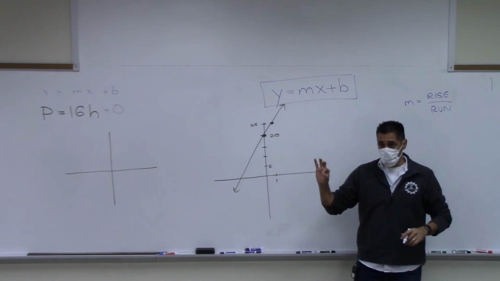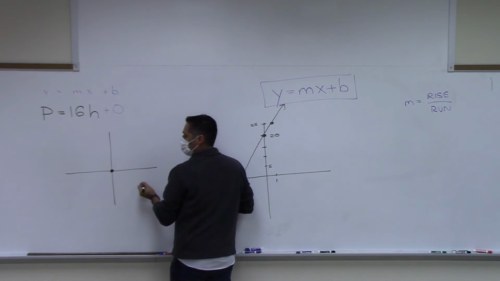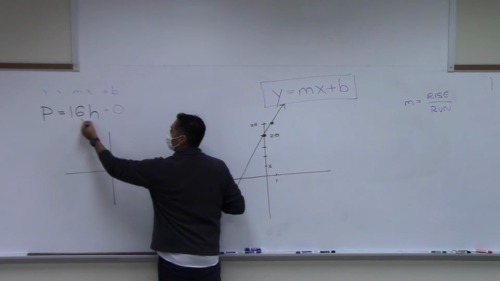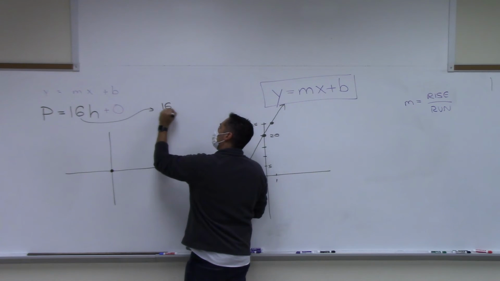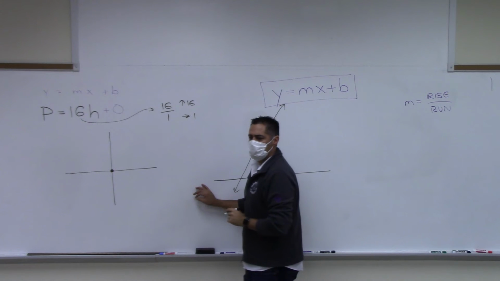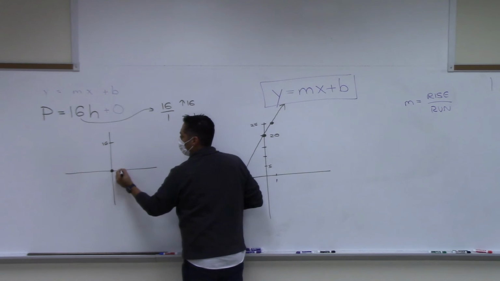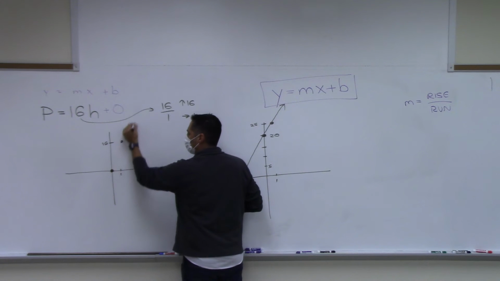The origin at 0, right? That's where you would start. And then to get to another point, you would use the slope of 16, go up 16 to the right 1. Go up 16 to the right 1, draw a dot.